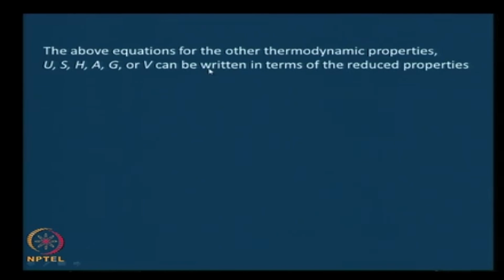The above equations for the thermodynamic properties U, S, H, A, G or V can be written in terms of reduced properties also, and therefore, the number of measurements or the number of data points that you need from existing values becomes much less, much easier to evaluate.